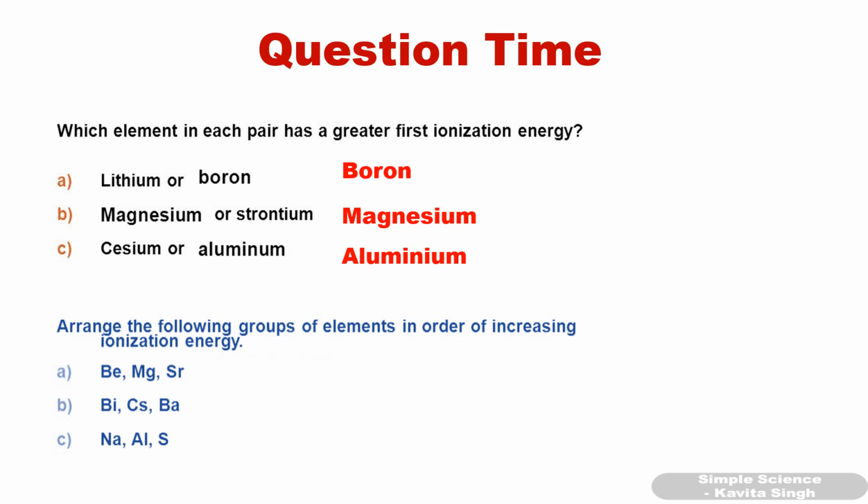One more question, last question. Arrange the following groups of elements in order of their ionization energy. Again, just imagine the picture of the periodic table and find out the increasing order of these elements for ionization energy. If your answer is right, it's very good.